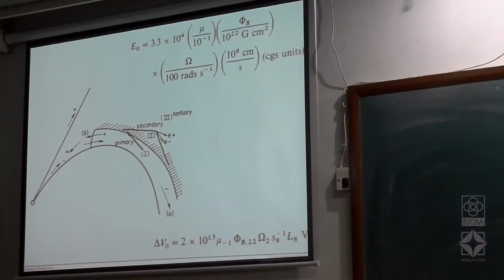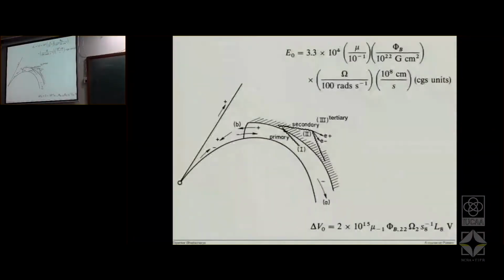But that is not possible. No particle can get accelerated to 10 to the power 15 electron volts as it moves along the magnetic field line, because as it moves along the field line, it will do curvature radiation. As you keep increasing its energy, the curvature radiation loss will increase. At some point, the rate of increase of energy due to acceleration and the curvature energy loss will become the same.